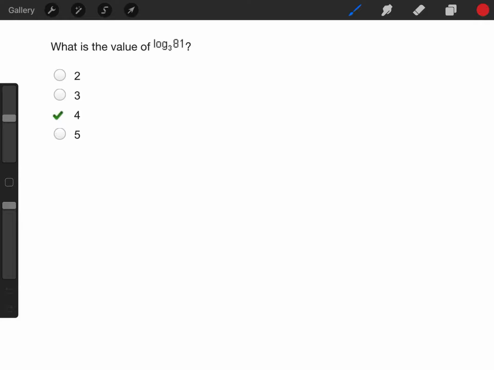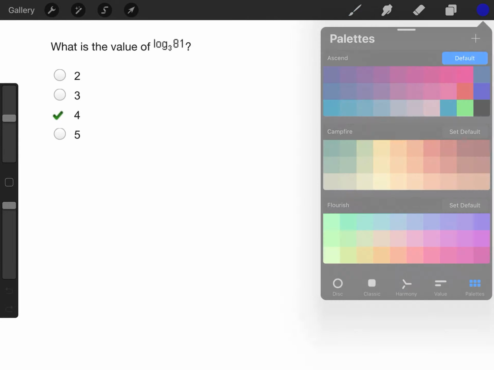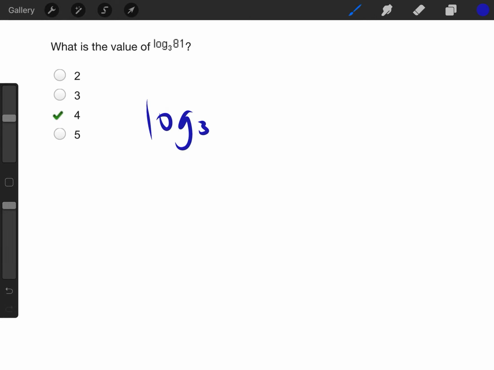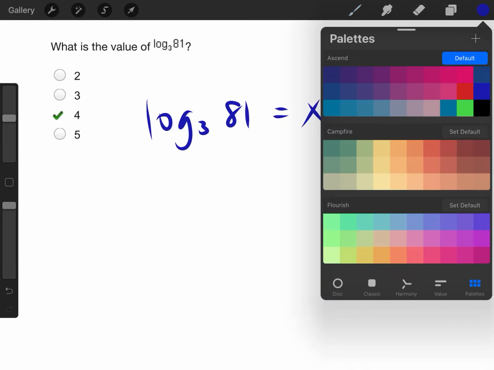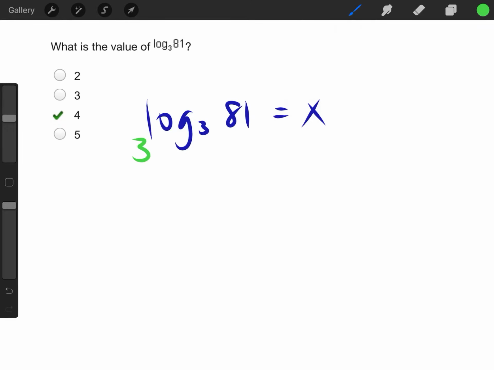Next one, so what's the value of that? So that's another similar question, right? So log base 3 of 81 equals, you don't have to say it equals y, you can say it equals x, doesn't matter, okay? So the most important thing is that you know that the base is 3, the log base 3, so you want to put base 3 so you can cancel out with the log base 3.